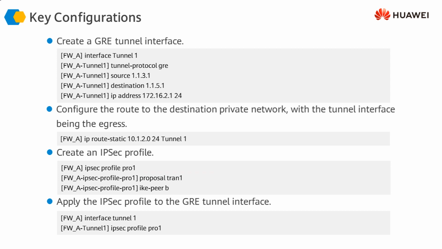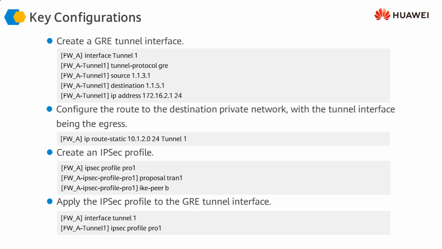Then we configure the IPsec profile 1. The proposal is transform 1, and the IKE peer is B, and we do that configuration separately. And then going into interface tunnel 1, we associate this profile with interface tunnel 1. So as I mentioned earlier, we can either do the IPsec configuration using a policy, or we can do this using the profile.